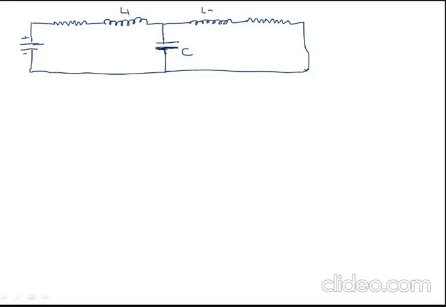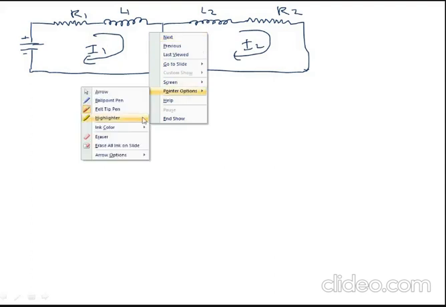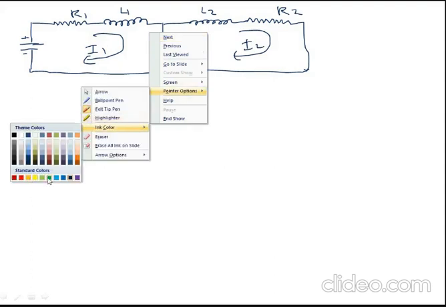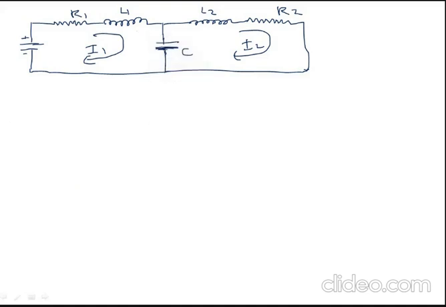L1, L2, R1, R2, I1, I2, and the voltage across the capacitance is VC.